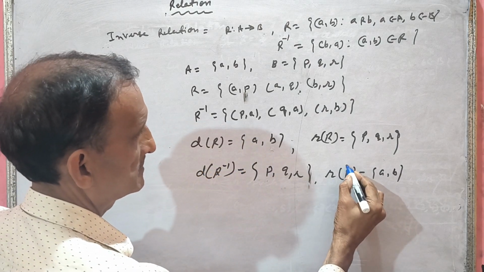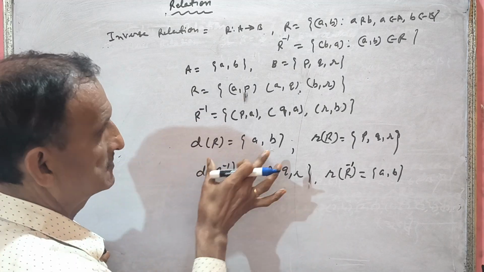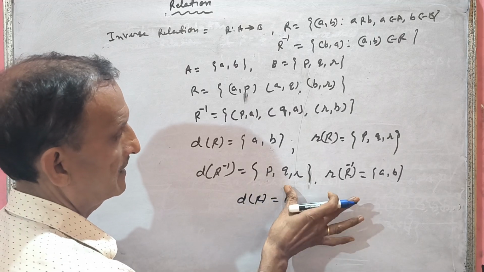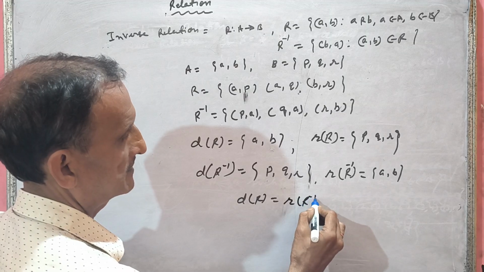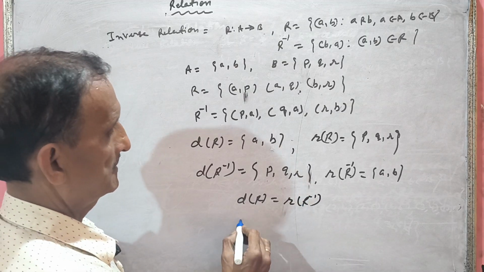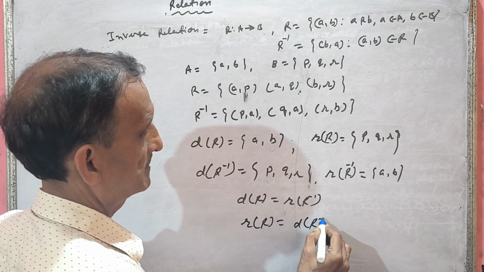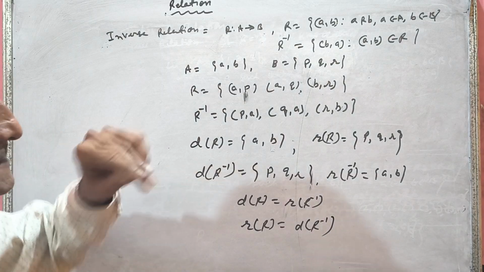Sorry, this is R inverse. So you will always get, in the inverse relation, the domain of R equal to the range of R inverse, and the range of R equal to the domain of R inverse. See it again.